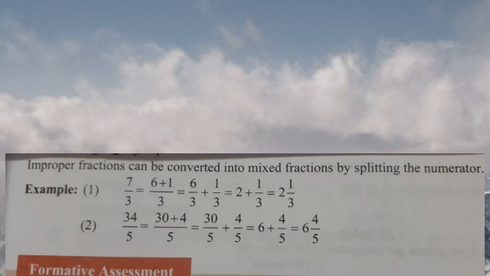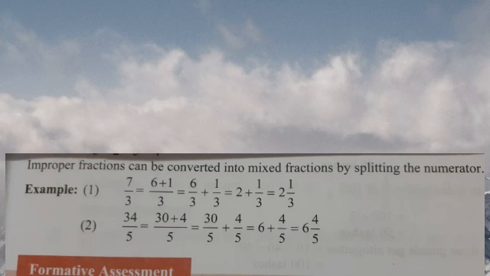So 2 plus 1 upon 3 is equal to 2 and 1 upon 3. So this improper fraction 7 upon 3 is converted to the mixed fraction 2 and 1 upon 3.